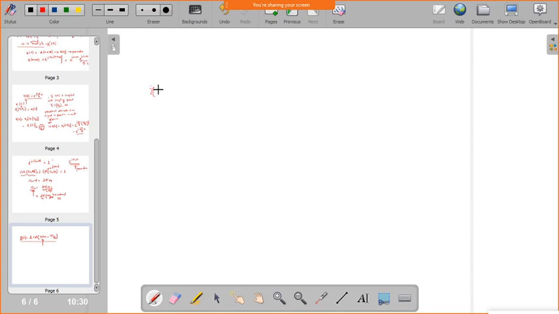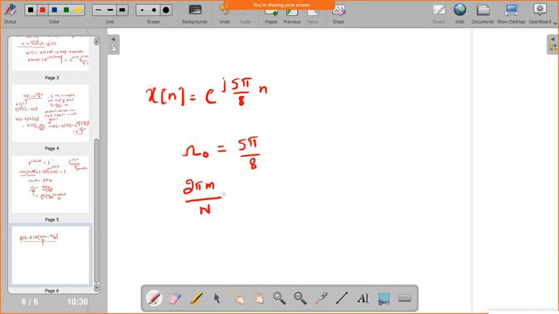So what is your x of n now? Your x of n now is equal to e power j 5 pi by 8 into n. So now if you compare that, what is omega naught? Omega naught is equal to 5 pi by 8. So now this one we can write as 2 pi m by n, which is equal to 5 pi by 8. So what is the resultant value?